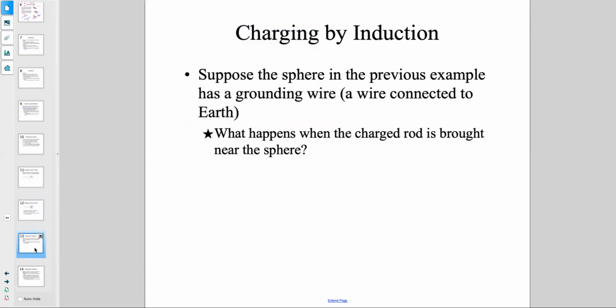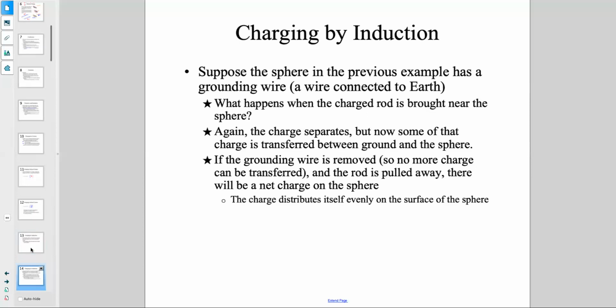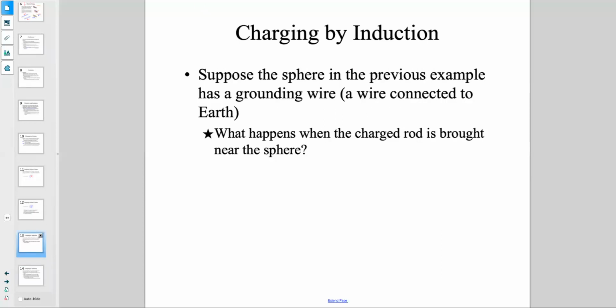So, charging by induction. Suppose the sphere, as in the previous example, has a grounding wire, a wire connected to the ground. What would happen when a charged rod is brought near the sphere? We have a sphere here, and then we have a rod, a negative rod.